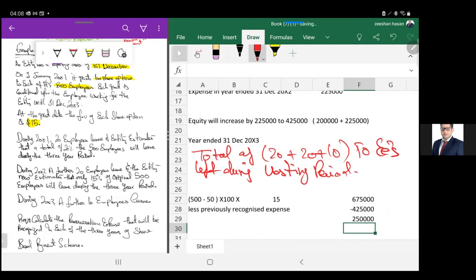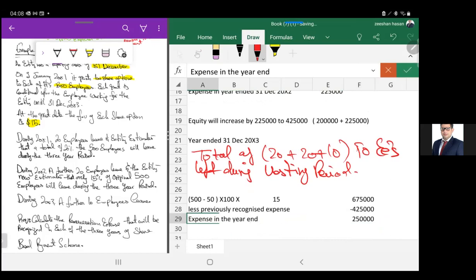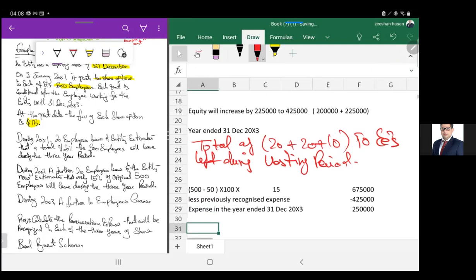So 250,000 is the expense for the third year, the expense in the year ended 31st December 2000X3. Right.